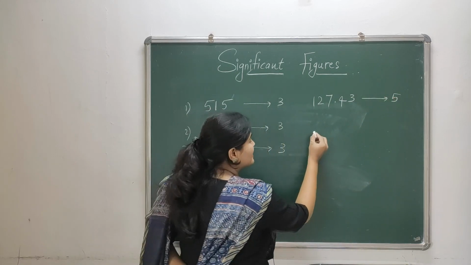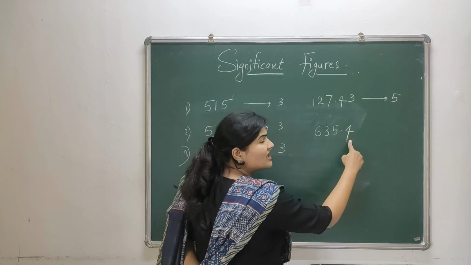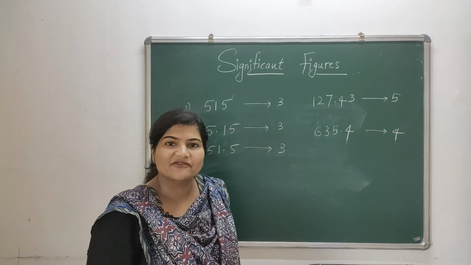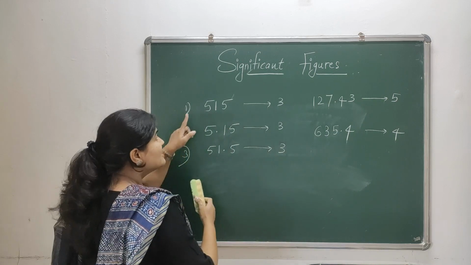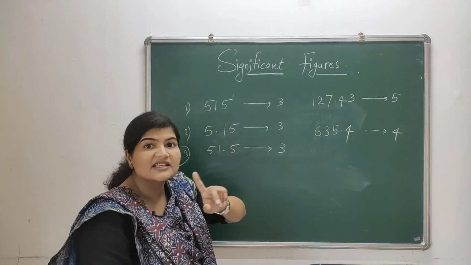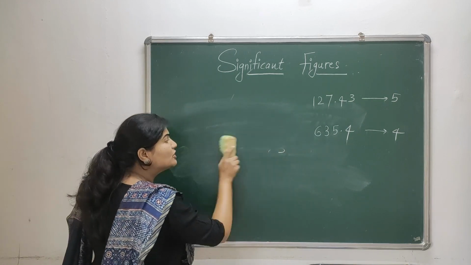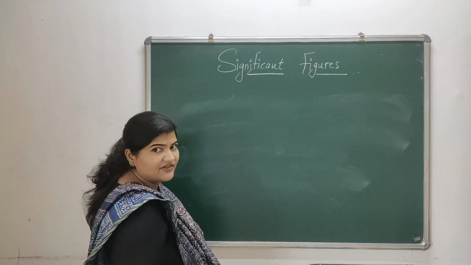I'll take another example, 635.4. All are non-zero digits, so there are going to be 4 significant figures. So we have seen 2 rules. Rule number 1, significant figures are independent of decimal point placement. Rule number 2, all non-zero digits are significant.